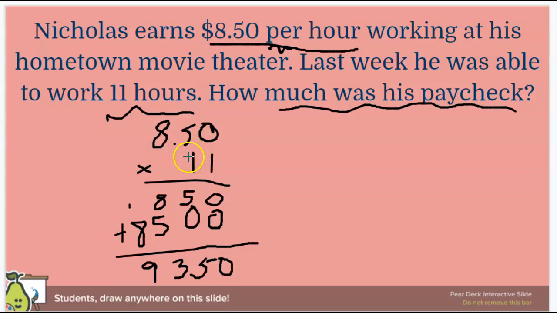And I have to move the decimal 1, 2. So he should be earning about, that is supposed to be a dollar sign, but my computer got a little laggy. He should be earning $93.50. And that makes sense because he should be earning greater than 8 times 11, which is $88. So because there's that extra 50 cents.